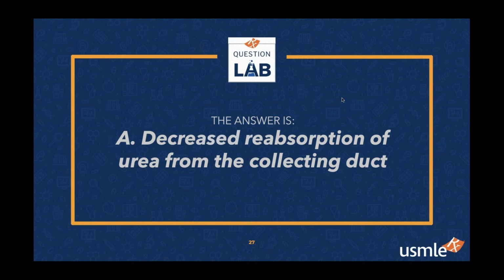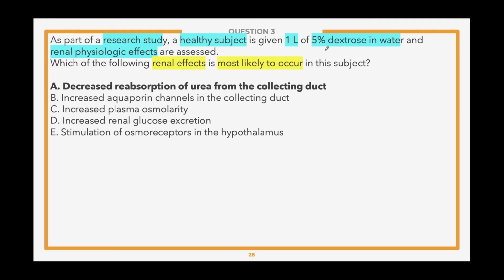Thank you, Sean. Yes, definitely a tough question. So let's take a look at what's going on here. If you give a healthy subject 5% dextrose in water, that's basically giving them pure water. The dextrose is essentially a sugar, and that's going to be metabolized.